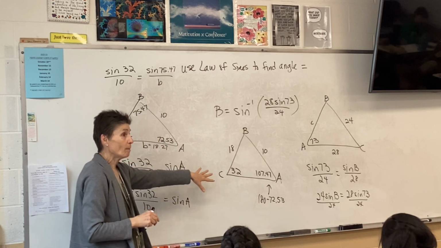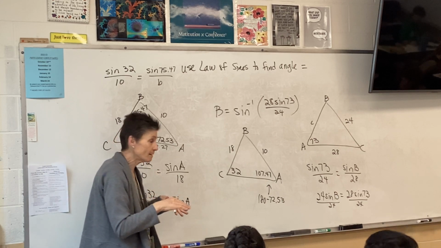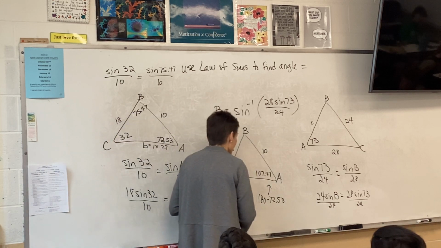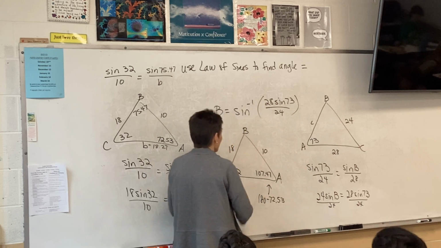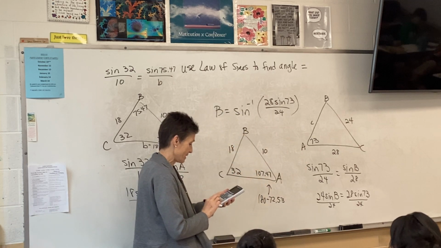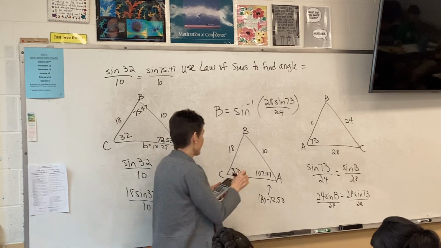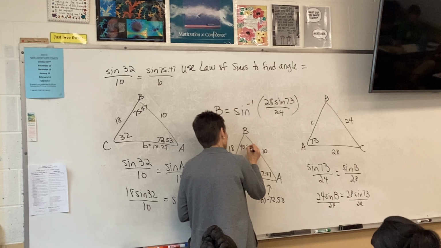Is that triangle possible? Yeah. So now you get to solve that one, okay? You just saw the whole thing. Solve the whole thing, yeah? That's easy though, look, you know B has to be 40.53.